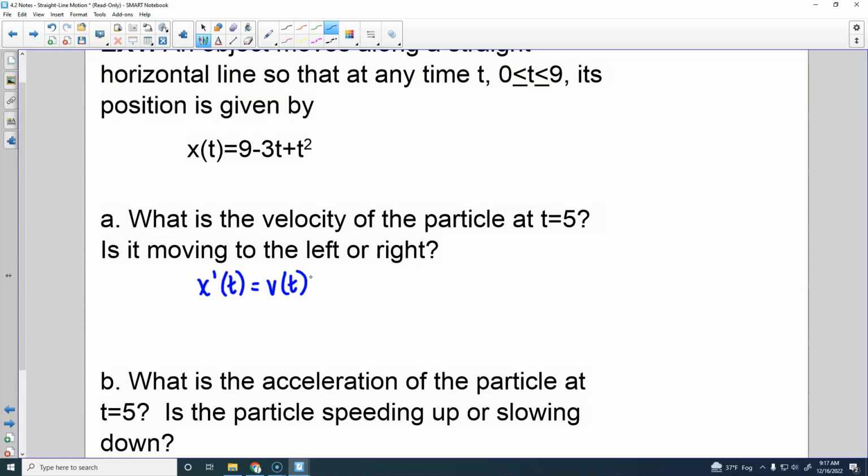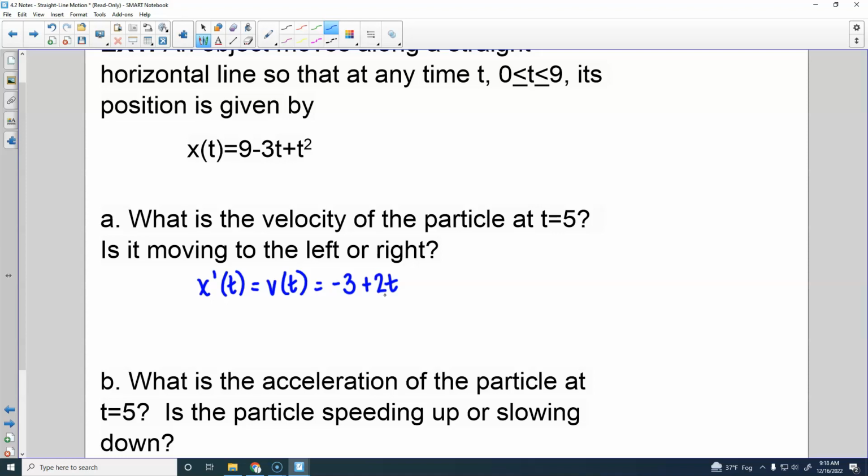You don't have to do that step. You can refer to it as x prime of t for the whole problem if you prefer. But you don't want to just call it velocity without showing that you took the derivative. So I would do it this way every time. Our derivative here is just going to be negative 3 plus 2t. Particularly, we are interested in the instantaneous velocity at t equals 5.